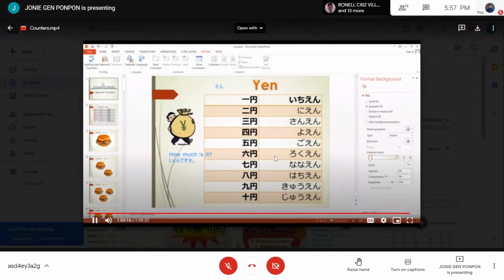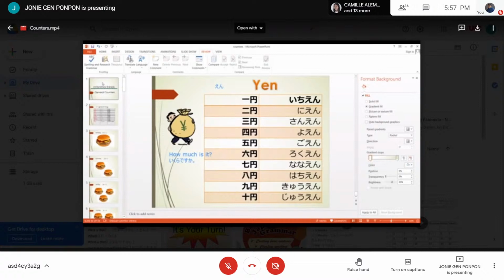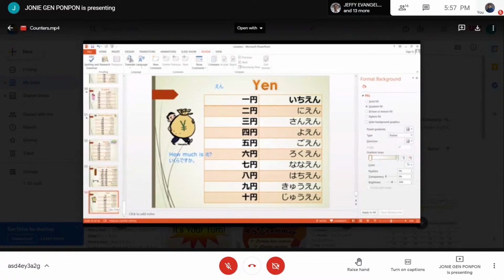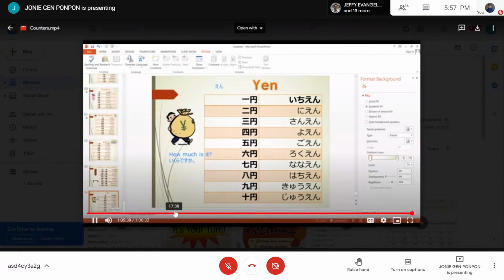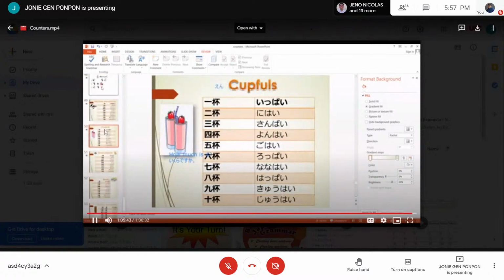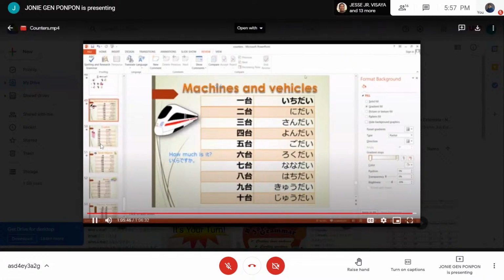It's not tsu only. They have different suffixes. That's why you should also learn the suffixes for counters, because in the later lessons, for creating sentences using the counters, at least you already know about this. So I guess that's all for counters.